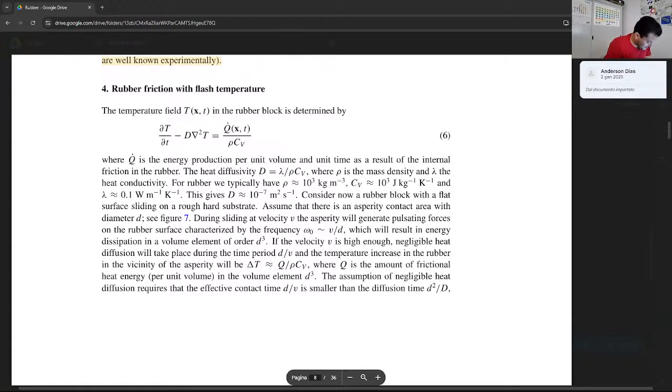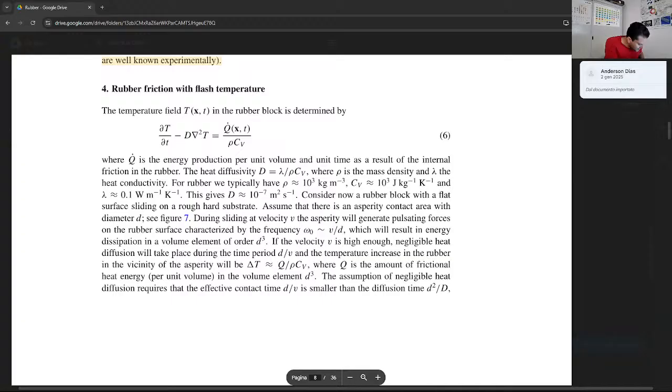If the velocity v is high enough, negligible heat diffusion will take place during the time period d divided by v. Here I'm dividing a length by a velocity, so I just get a time. So the time period is d divided by v.